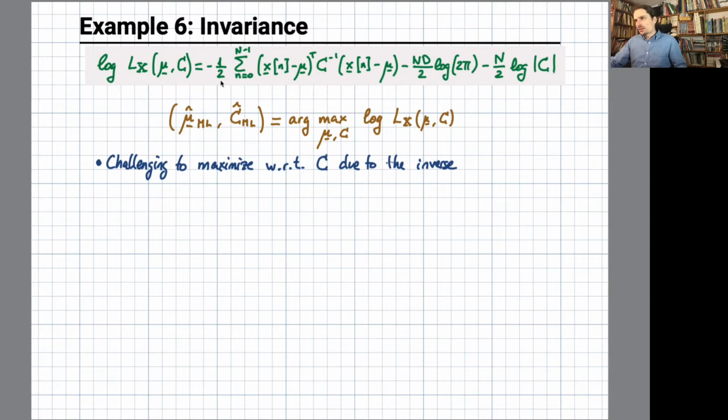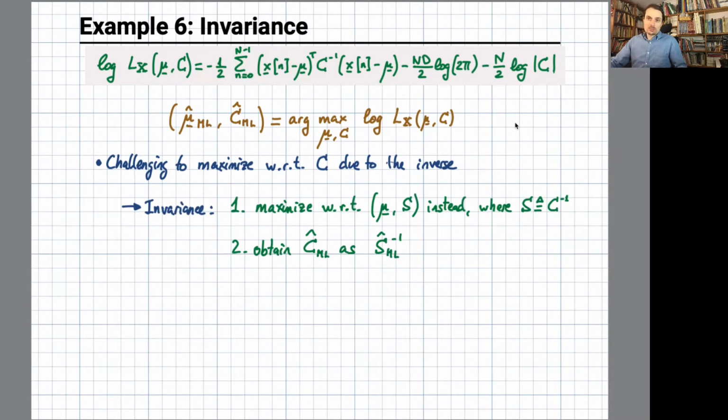Unfortunately, we see that such an optimization task is complicated by the presence of the inverse of one of our optimization variables. And this is where the invariance principle that we saw earlier comes to the rescue.